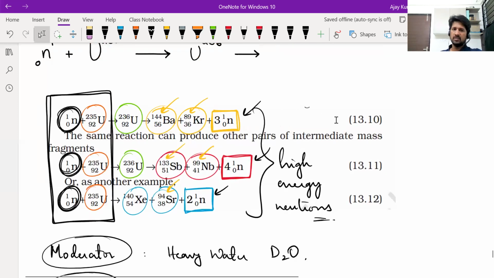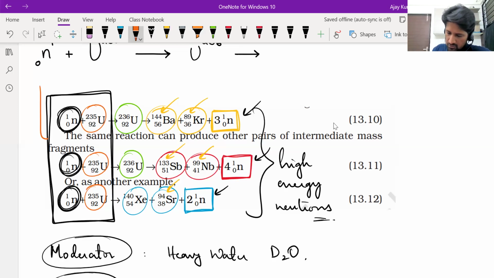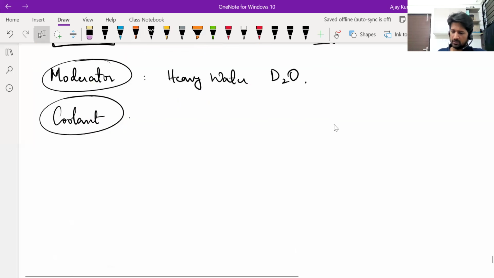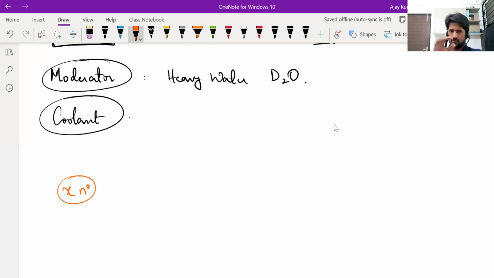There's one more problem. For every one neutron absorbed in any of these reactions, there are multiple neutrons produced. Suppose uranium follows this path of disintegration. Now, if you introduce x number of neutrons into the nuclear reactor to start the reactions, after one step of the reaction, 3x number of neutrons will be present.